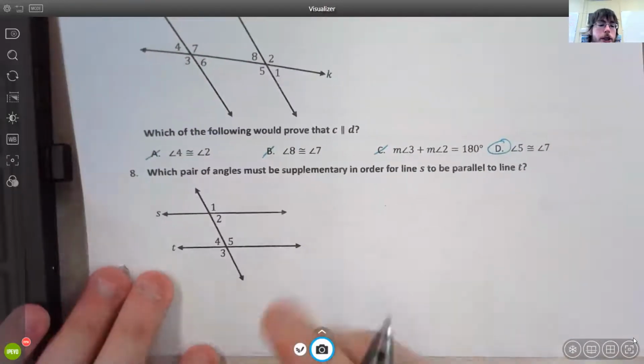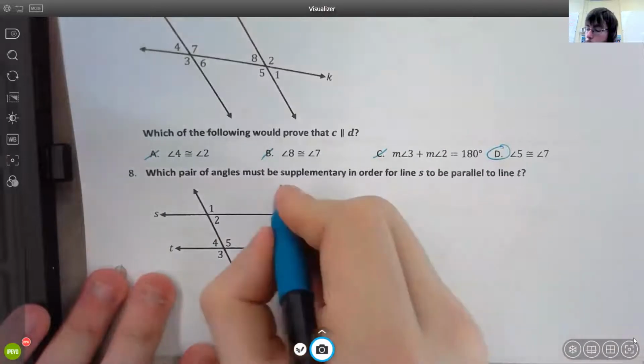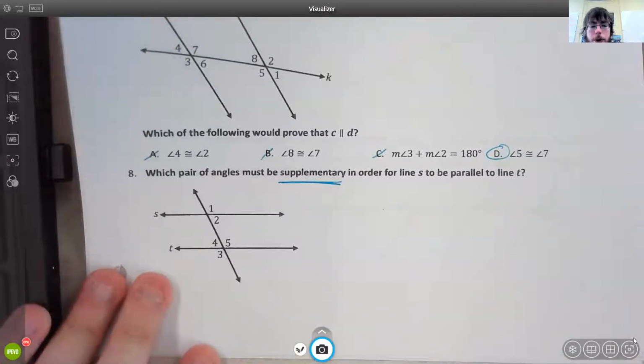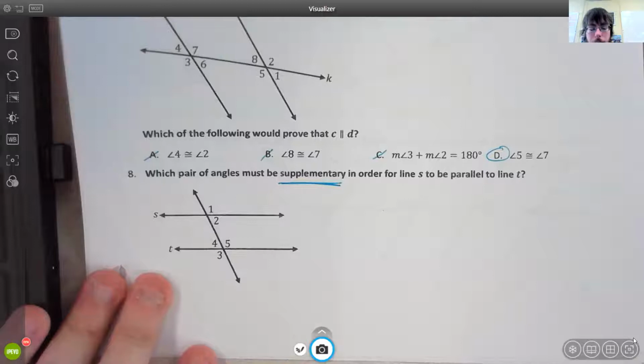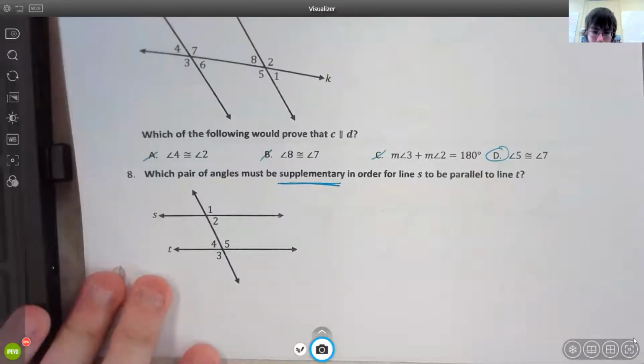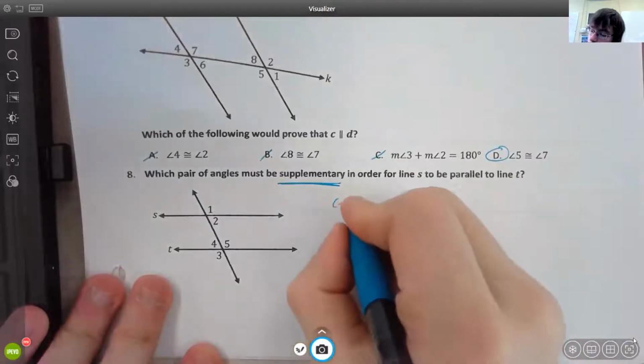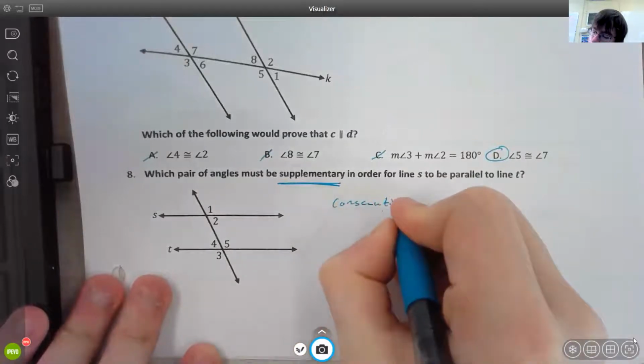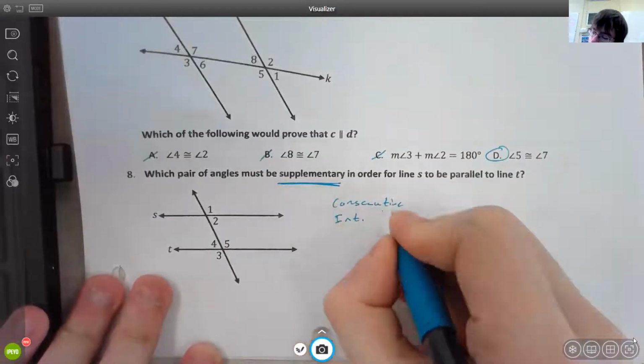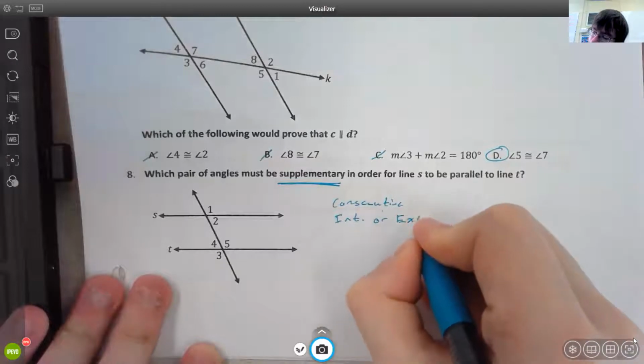Number 8, which pair of angles must be supplementary in order for line S to be parallel to line T? Basically, you're looking to see if you have any consecutive interior angles or consecutive exterior angles. So, do you see ones that are consecutive interior or exterior in this problem?